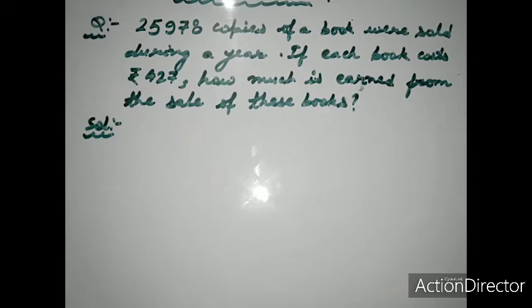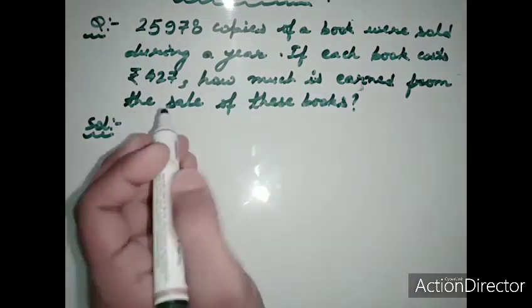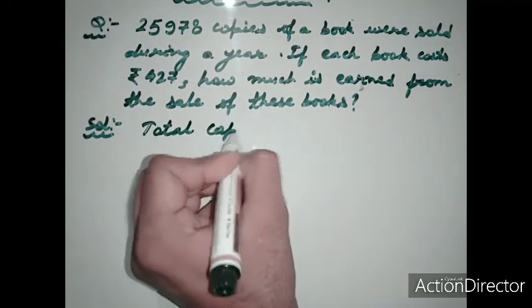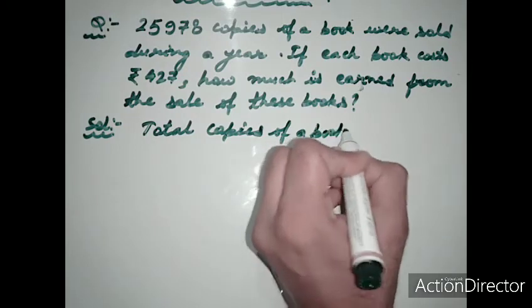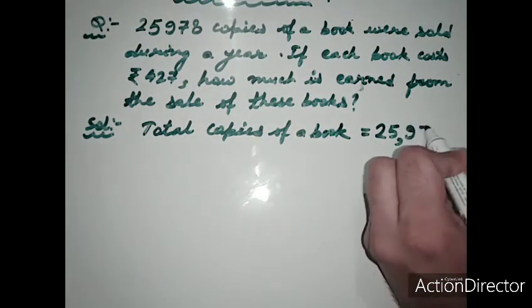Okay, so now first we write the total copies of book were sold during a year. So first we write the given values here. Total copies of a book equal to 25,978.